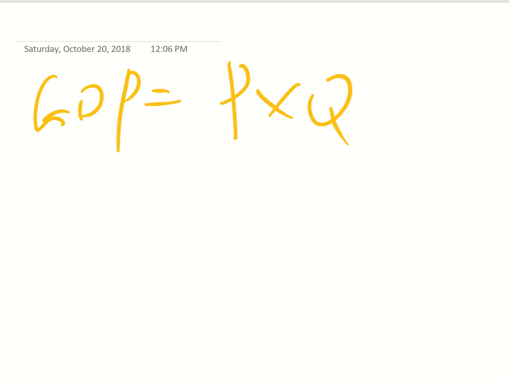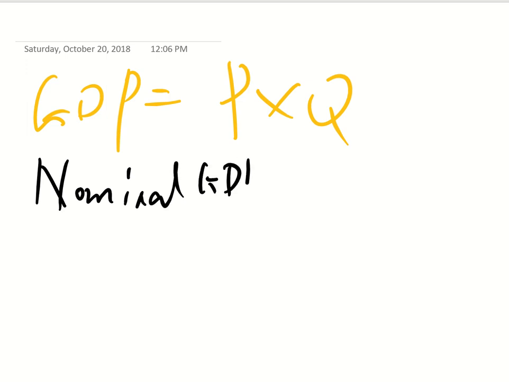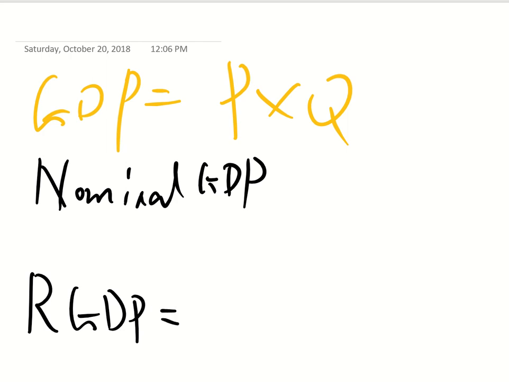So we have two types of GDP, the nominal GDP and then real GDP. Now, when we say real GDP, I don't mean that there is a fake GDP out there. It's just called real GDP, okay? Every time you hear the term real in economics, it means the actual good, so not the money, but the actual good.